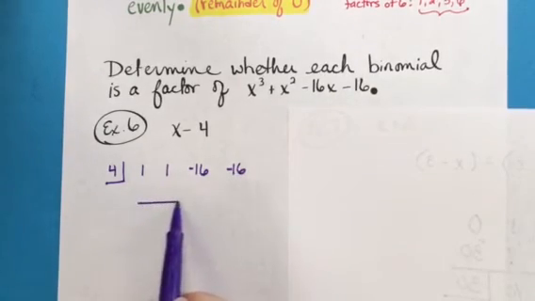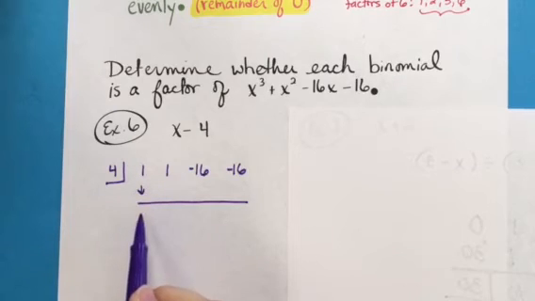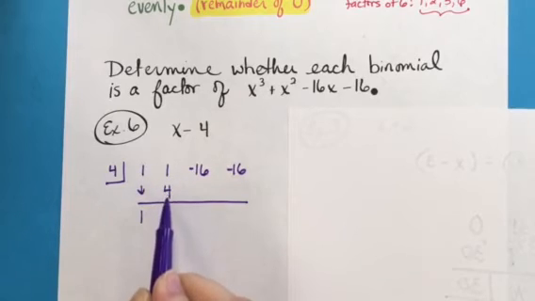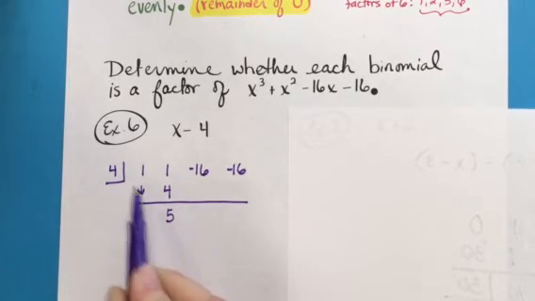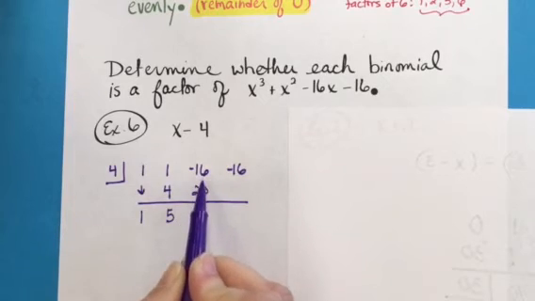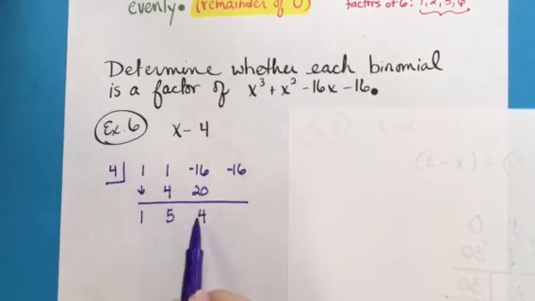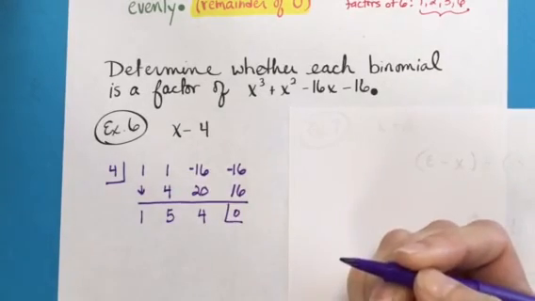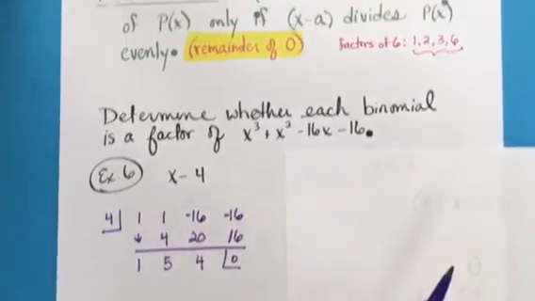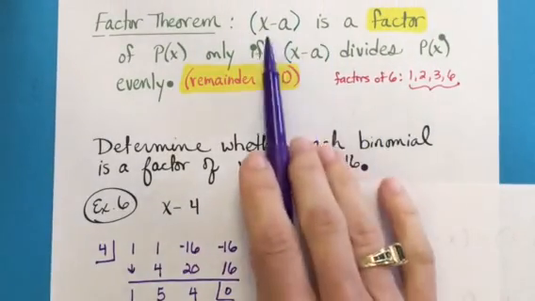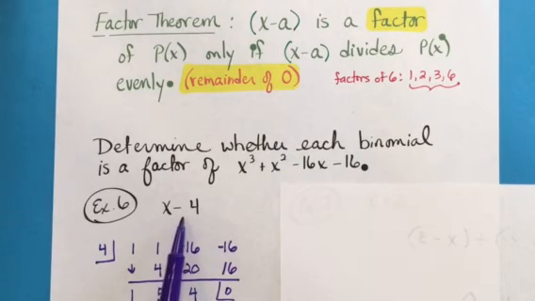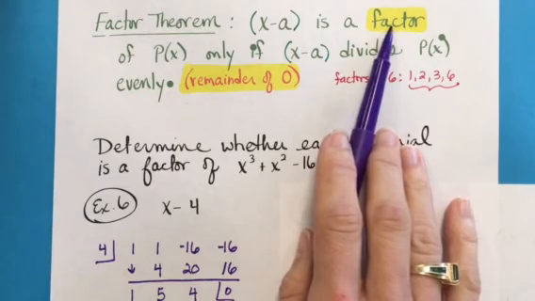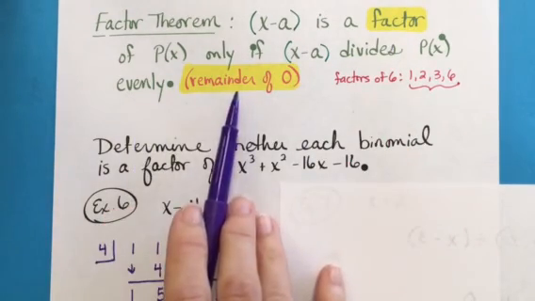Okay, so let's go through our synthetic division. Bring the 1 straight down. So 4 times 1 is 4. Add, you get 5. 4 times 5 is 20. Add, you get 4. 4 times 4 is 16. Add, you get 0. So, based on what the factor theorem says, x minus a, in this case x minus 4, is a factor if it divides evenly, which means a remainder of 0.